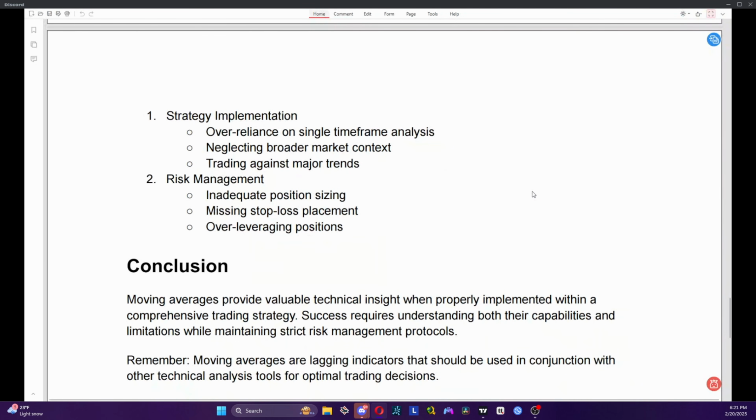EMAs exist to show you that the trend is continuing. Remember, if you're highly dependent on an oscillator like MACD or RSI and it's in the overbought or oversold area, you can remain in the overbought and oversold category for months. Price can trade in overbought and oversold for years before it decides to come back down.